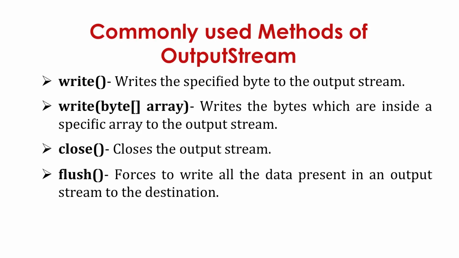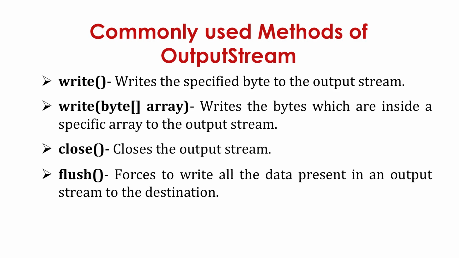There are some commonly used methods of the class output stream. Whenever we perform file operations, we must know how to use such methods. First of all, the write method: it writes the specified byte to the output stream.